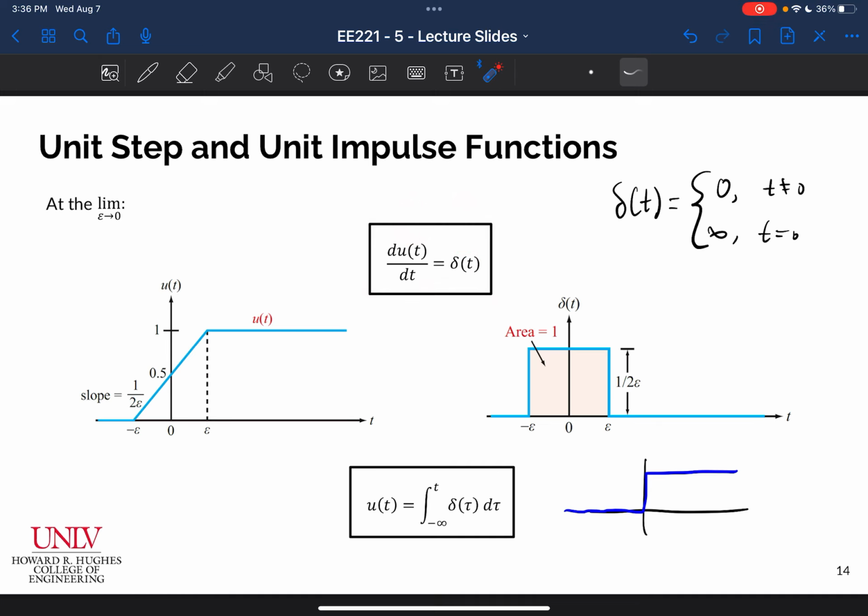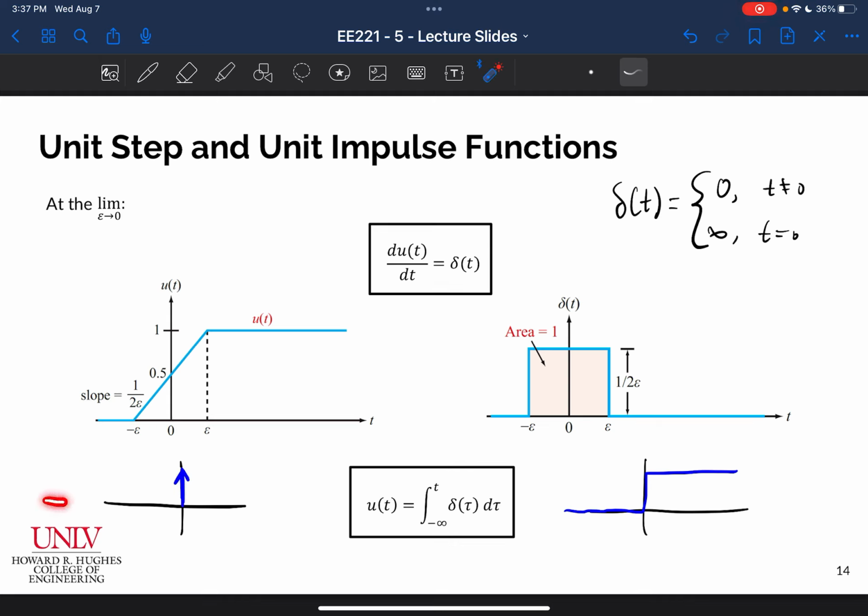Of course, we could also look at the integral of the delta function. Let's look at the ideal one. Let me draw a delta function.